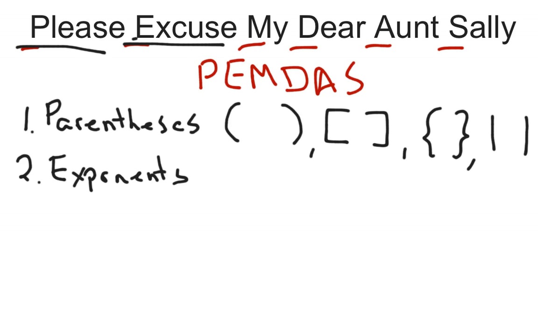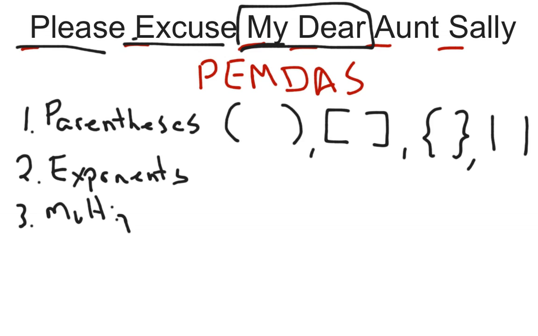Okay. The next 2 steps are really, I think, where people mess up. Step 3. The next word is my, but really the next step says my dear. These two things both go together. The M in my is multiplication, so multiply. But then the next word is dear, where dear stands for divide.